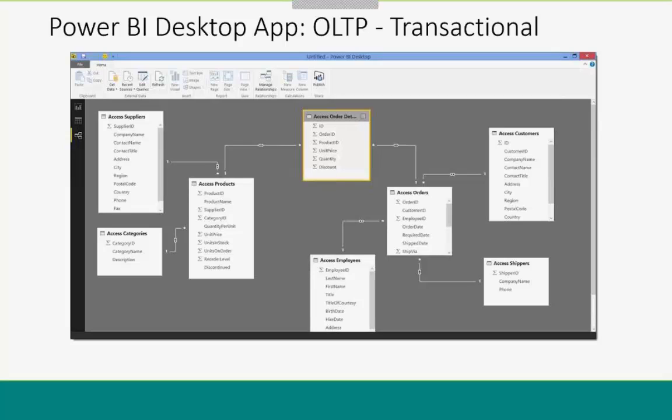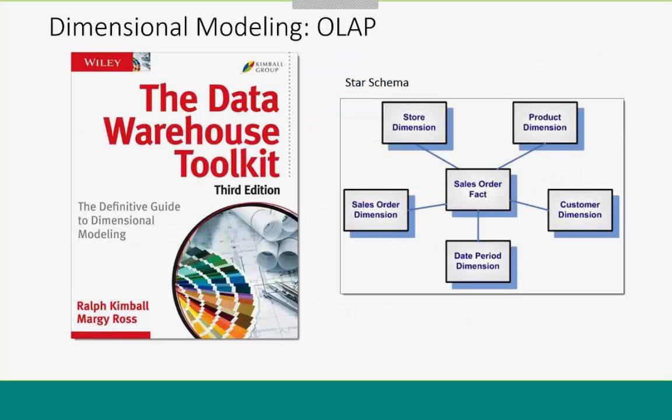So, an example of, I mentioned, this is the transactional schema. There's a book, and there's a lot of information on the website from a consulting group called the Kimball Group. They've written a number of great books, so you can get them on Amazon. The Data Warehouse Toolkit is really their seminal book on business intelligence and what's called dimensional modeling.